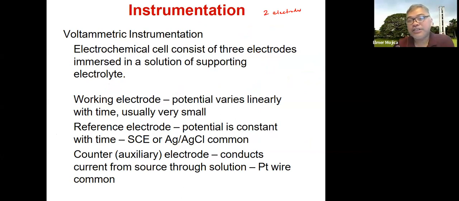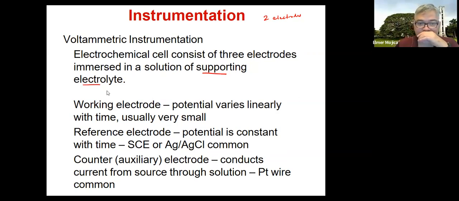Although early voltammetric systems were able to perform it in a 2 electrode system rather than the 3 electrode system that is commonly used. So the way the voltammetric cell would look like is there are 3 electrodes immersed in a solution of the so-called supporting electrolyte. Okay, so if you look at these 3 electrode systems, usually the 3 electrodes that you have are the following.